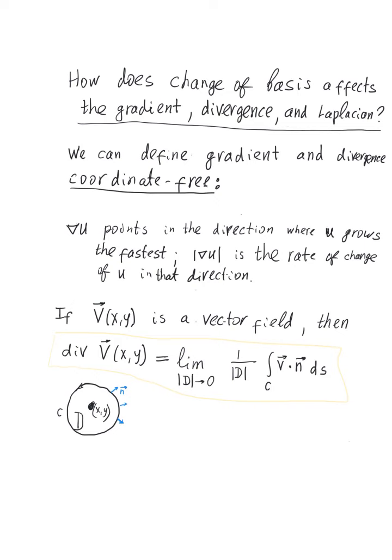So we are computing the flux of the vector field outside of the boundary of the disk. We have this flux integral divided by the area of the disk, and we take the limit as the area of the disk goes to 0. If this limit exists, it will give us the divergence. So that's the coordinate-free definition of divergence.